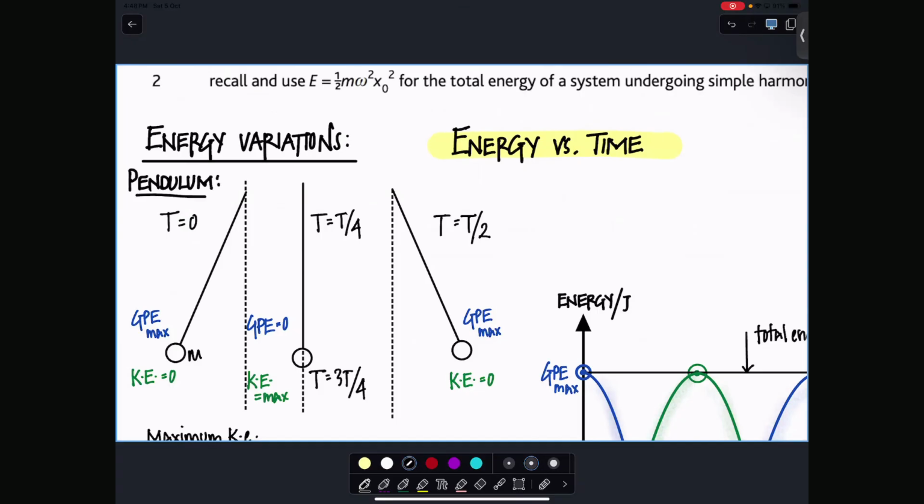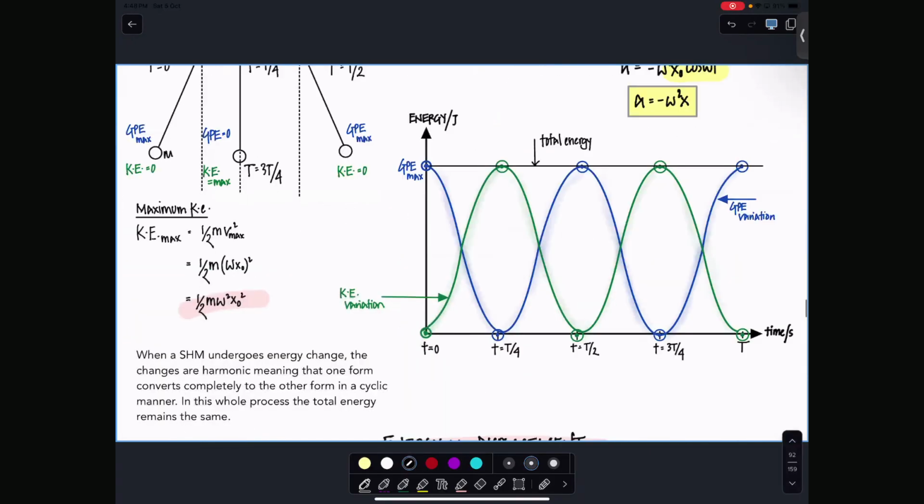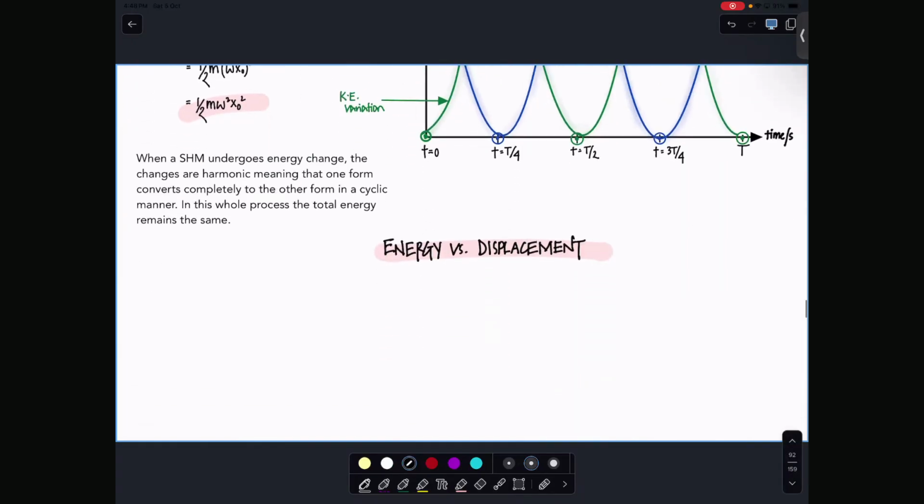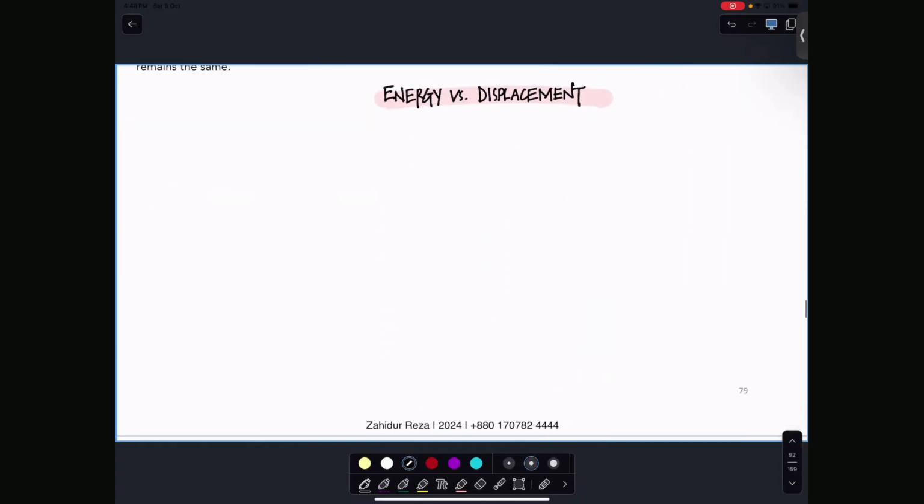Bear in mind, both the graphs I'm showing will have the same outcome for any kind of simple harmonic motion. It's not that only the pendulum graph looks like this. Any simple harmonic motion graph will look like this. The reason I do the pendulum is because it's easy to recognize the energy changes. Similarly, we'll now do displacement. This is going to be a mass spring system.